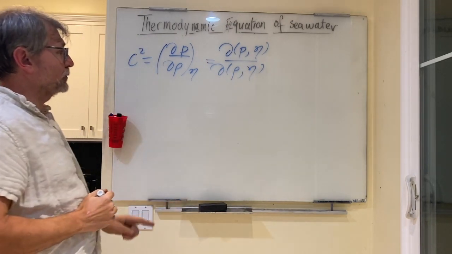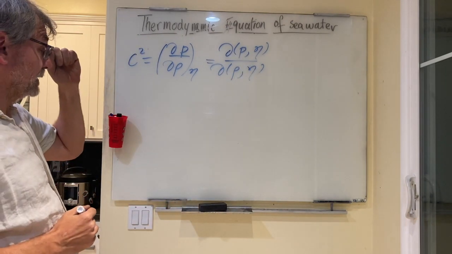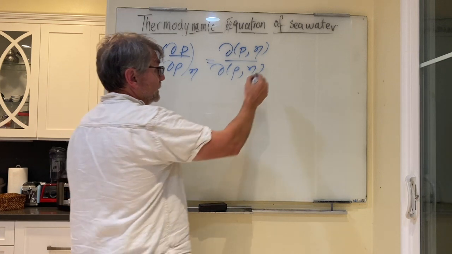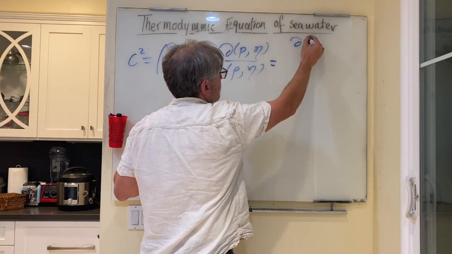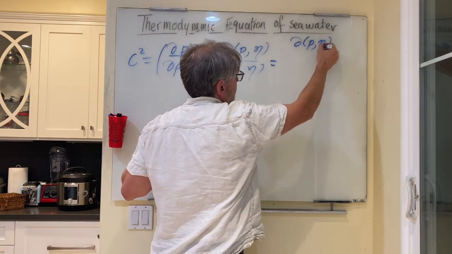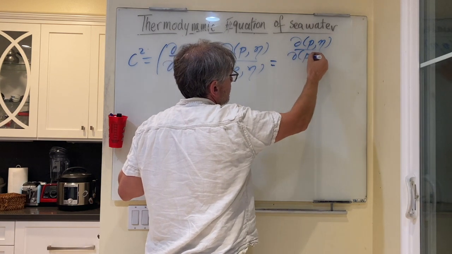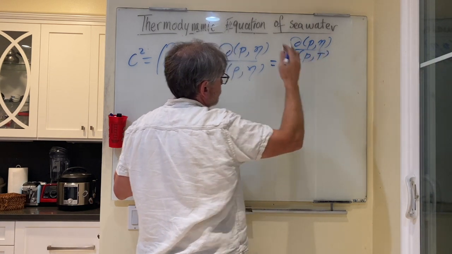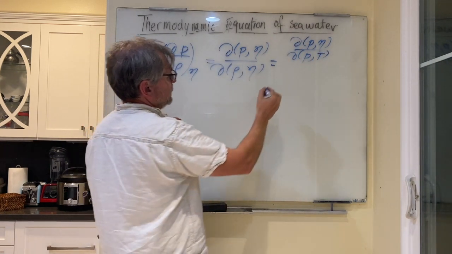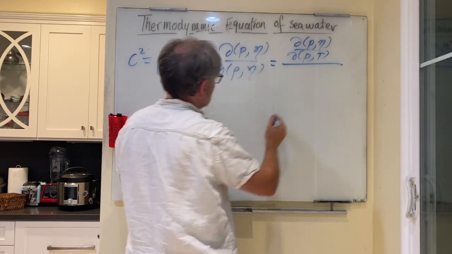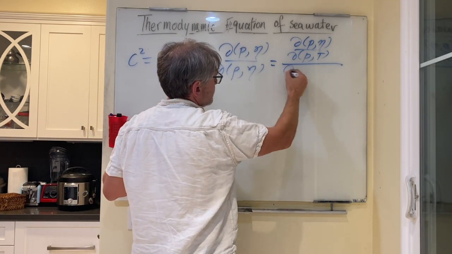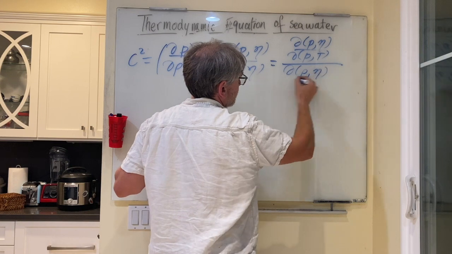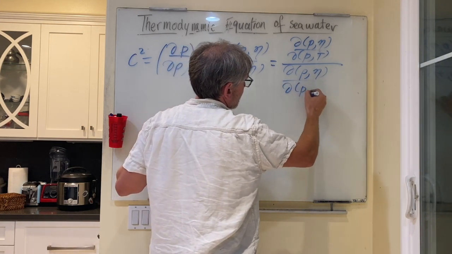And now we're going to introduce the variables that appear in the Gibbs function. So this is d p and eta over d p and temperature, assuming that salinity is held fixed, so I don't have to make the expressions too big. And then the denominator, d rho and eta over d p and t.